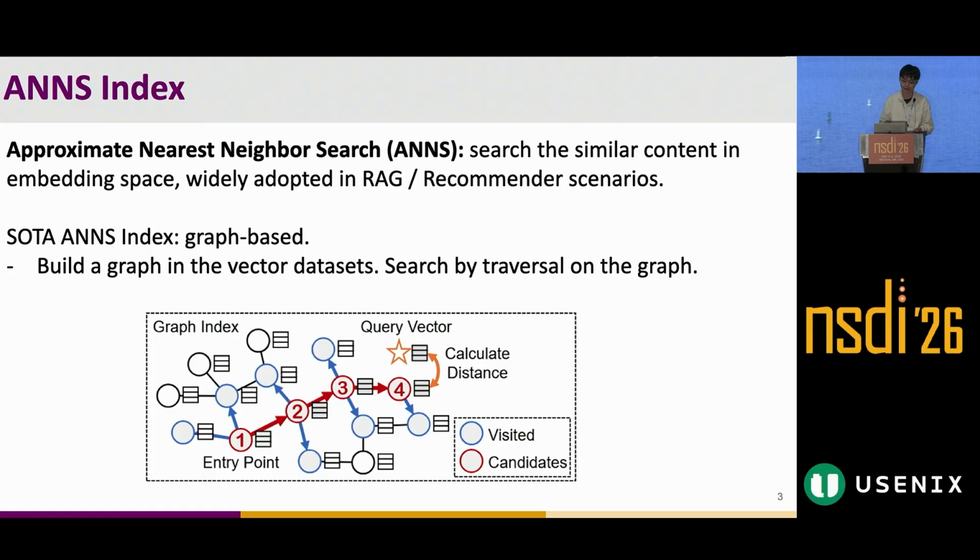It traverses the graph and calculates the distance between each node and the query along the whole path. After the graph traversal, it returns the final top k result by calculating the distance between the query vector and the vectors in the datasets.